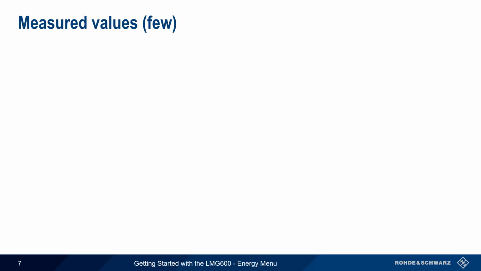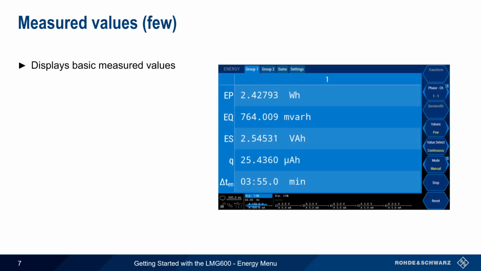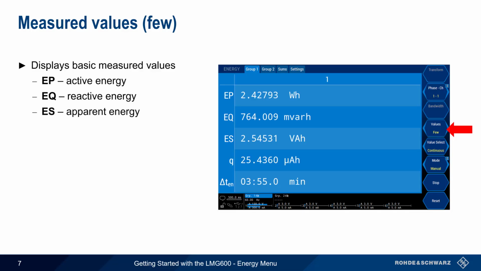With regards to the measured values themselves, there are two ways in which these can be displayed. The Few display shows only the most important quantities, namely active energy, reactive energy, and apparent energy. In addition, the value for small q, charge, is also computed and displayed.